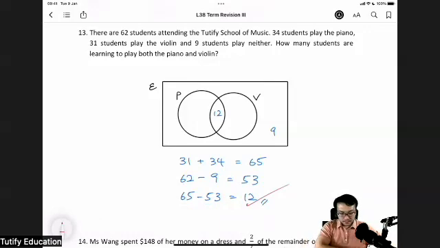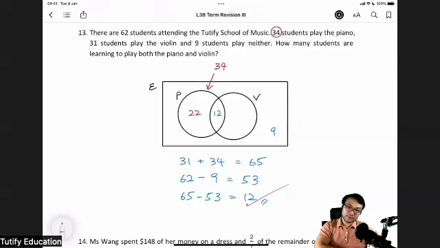So, Talia, Abby already found how many people, but I would like to just ask you, how many people do you think are supposed to be here? Do you know? 22. How do you get 22? 34 minus 12. Yes, because there are 34 students playing the piano. That means the entire circle is supposed to have 34 people within it.